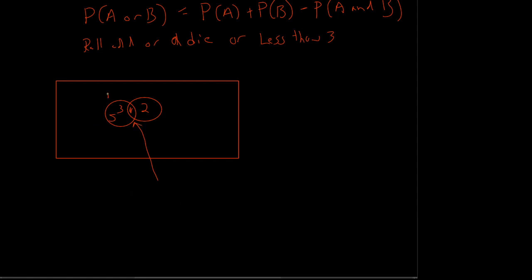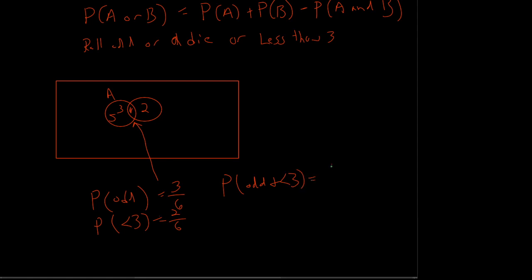So the probability of odd is 3 out of 6. The probability of less than 3 is 2 out of 6. But the probability of odd and less than 3 is 1 out of 6.